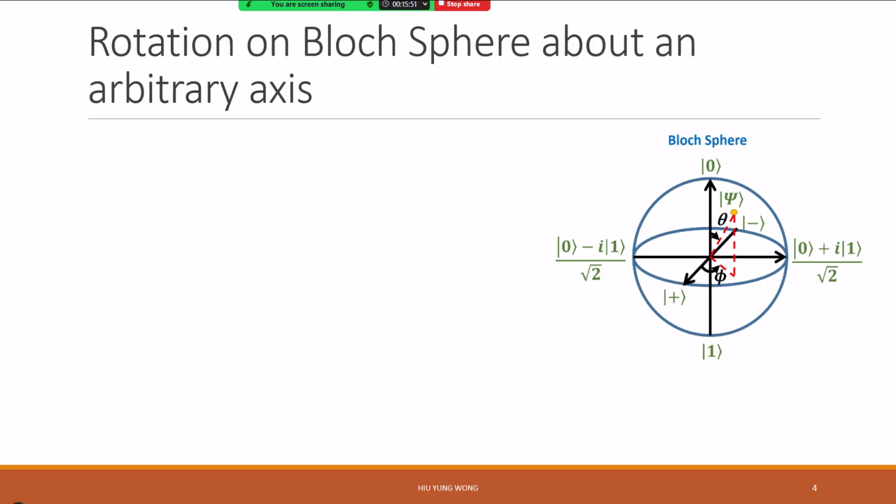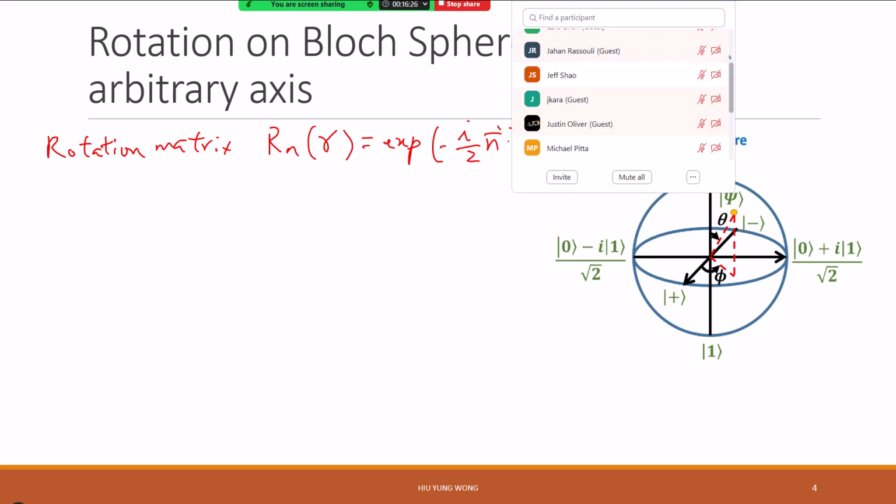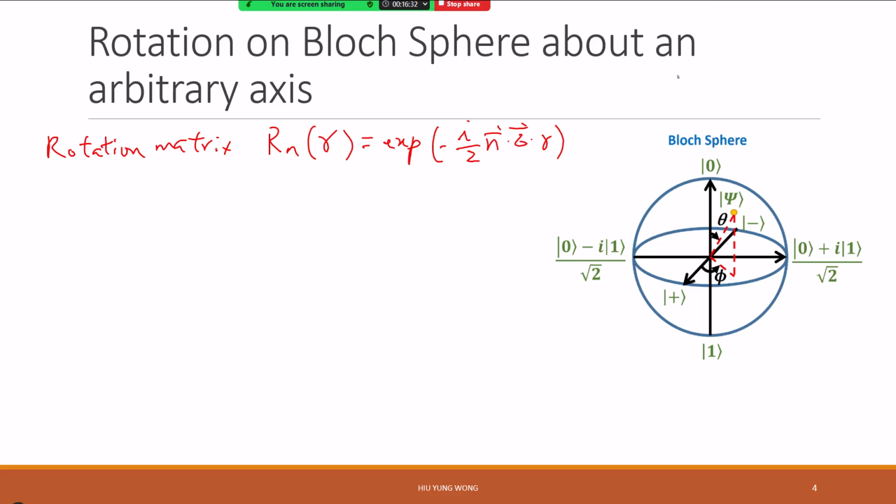So first, let me just tell you the rotation matrix is given by this, R_n of gamma, which is a number, equals exponential negative i divided by 2, n dot sigma, gamma. A very complicated equation, right? It looks very complicated. However, this is not really that complicated if we look at it clearly.